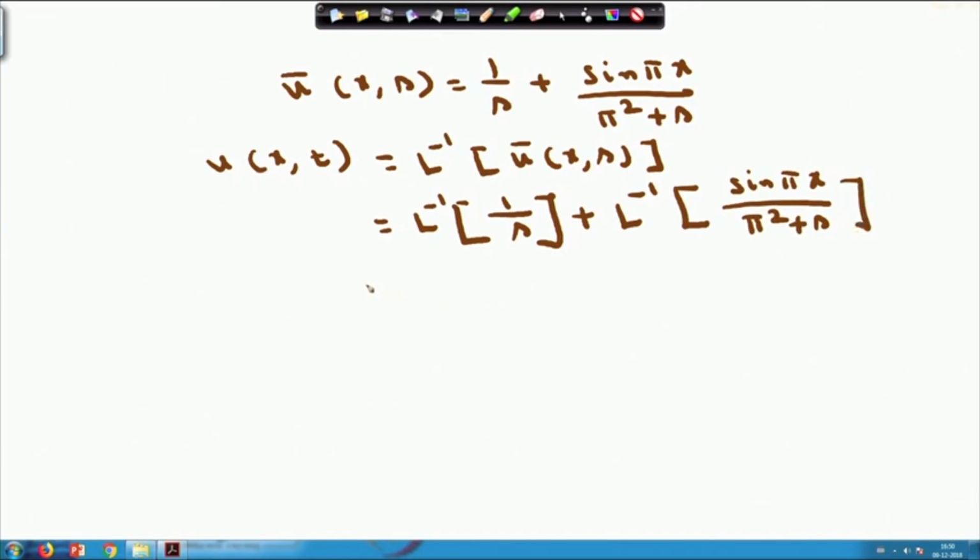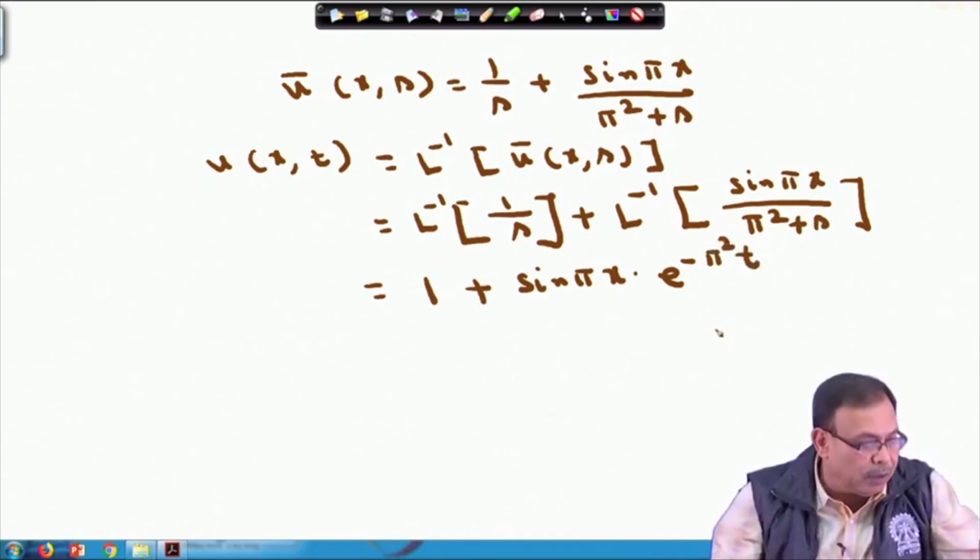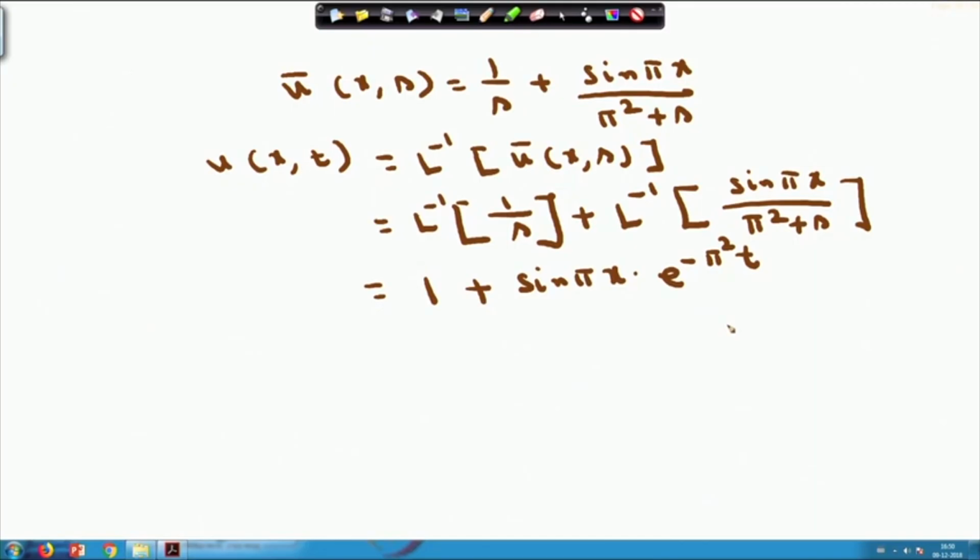Laplace inverse of 1 by s is nothing but 1, sin pi x will come out and you have only 1 by pi square plus s. Laplace inverse of 1 by pi square plus s is e power minus pi square t. This you can check on your own. Already this type of problem we have done earlier.